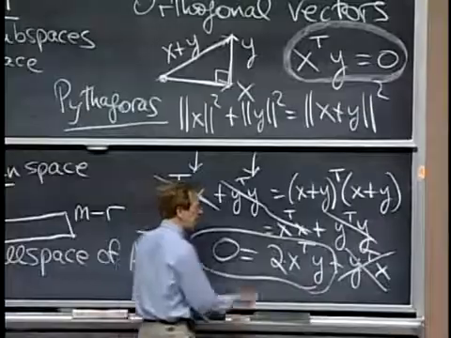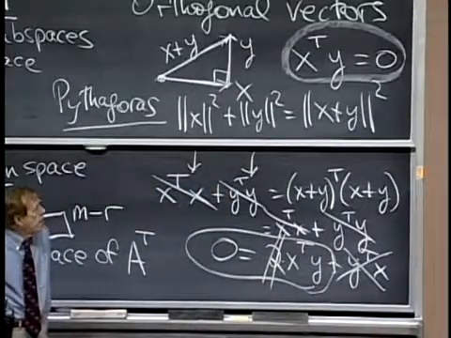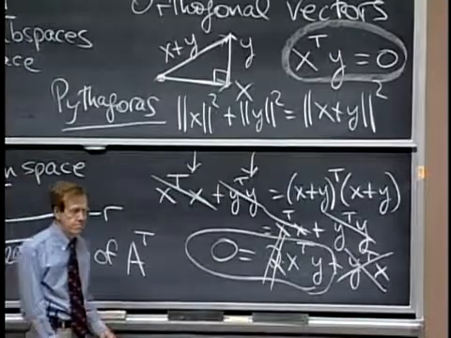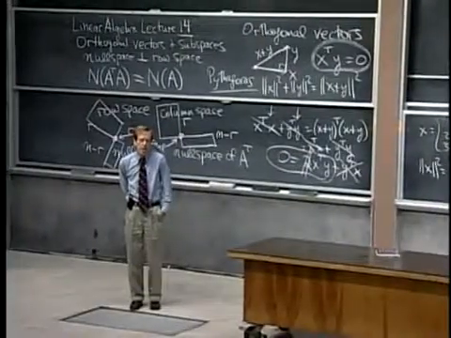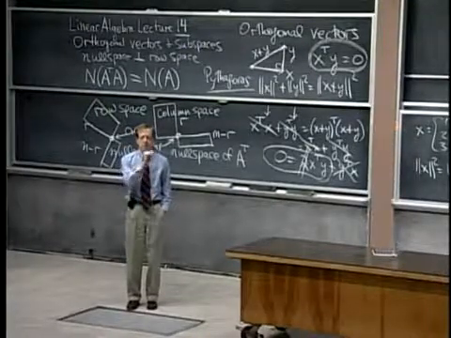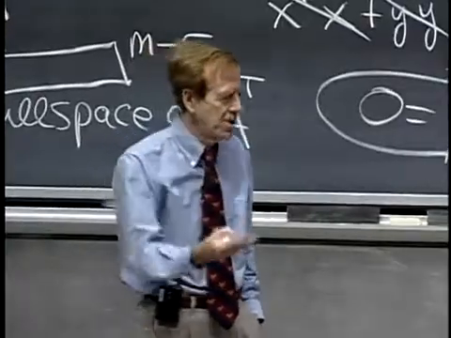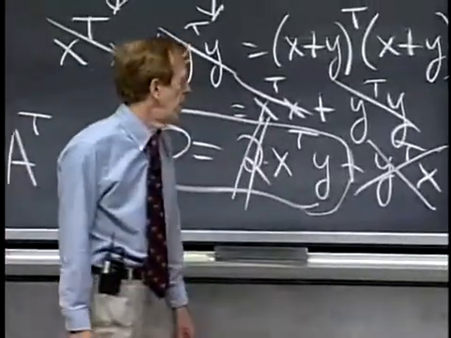Now, of course, I cancel the 2, no problem, to x transpose y equals 0 as the test. Fair enough. You knew it was coming. The dot product of orthogonal vectors is 0. I just want to say, that's really neat. It comes out so well. All right.